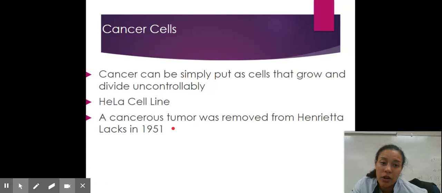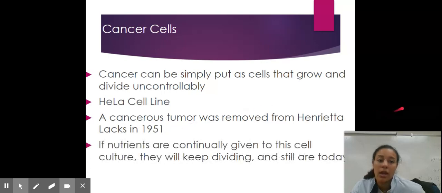But because of her cells, they were able to identify that they displayed some different characteristics from typical cancerous cells, and they were, for whatever reason, much more hardy, or they were able to survive and continue to divide over and over again all these years.